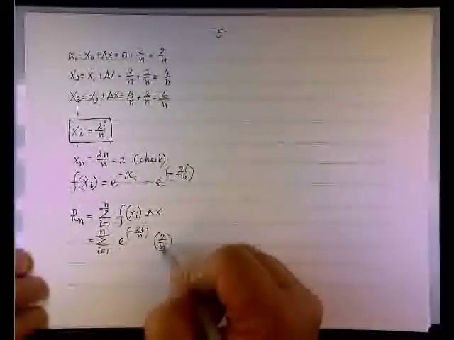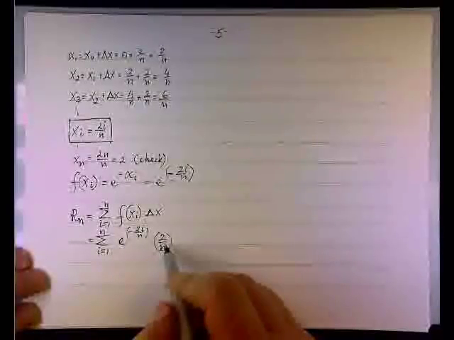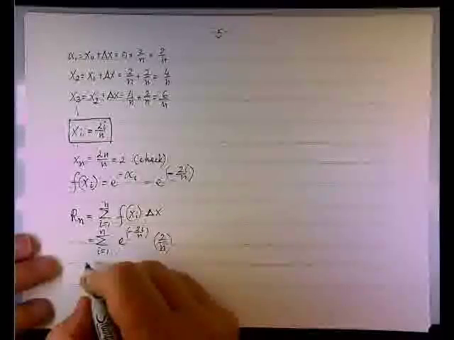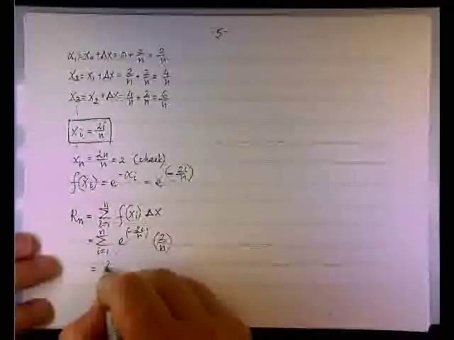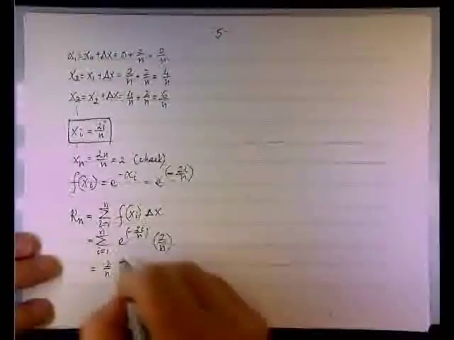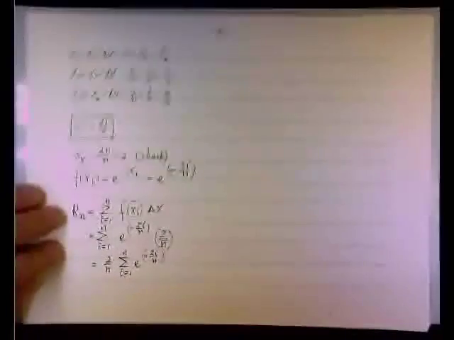And again, as before, 2 over n does not play a role. As far as the summation is concerned, it's a constant. n is a fixed number. So we're going to pull it up front and say this is 2 over n times the sigma from 1 to n of e to the negative 2i over n. Okay, but this is the right-hand sum.